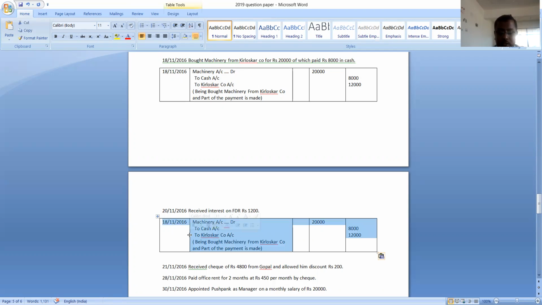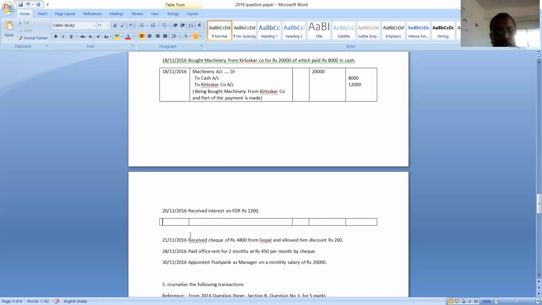This transaction is dated 20th November 2016. What is the transaction? Received interest on FDR rupees 1200. What is FDR? It is a fixed deposit receipt. We have some FD with the bank and we received interest on that.